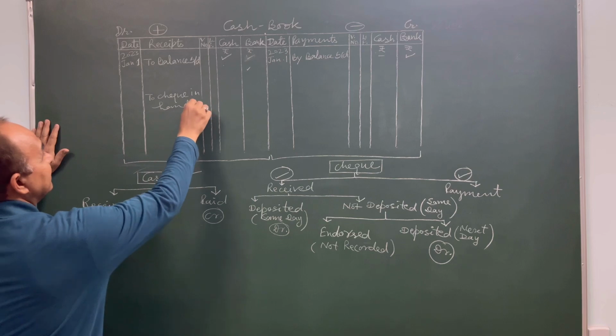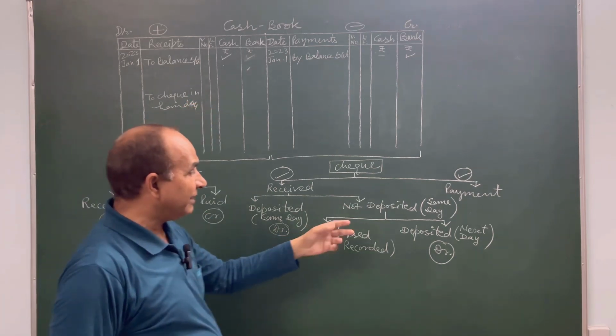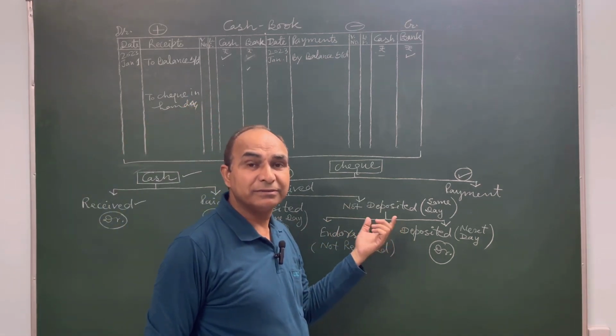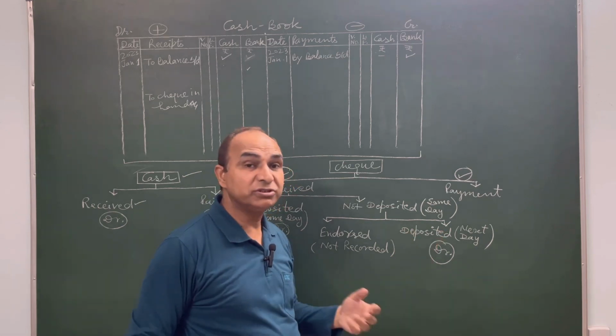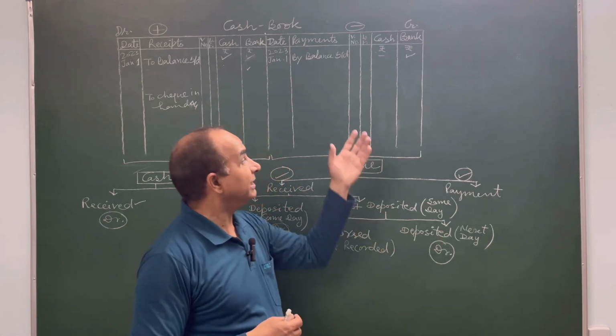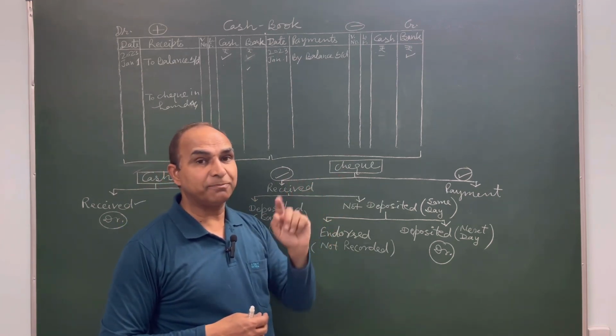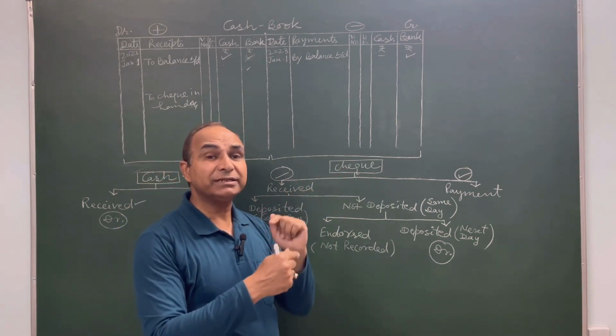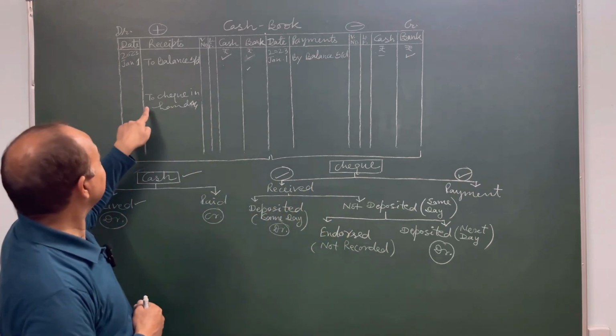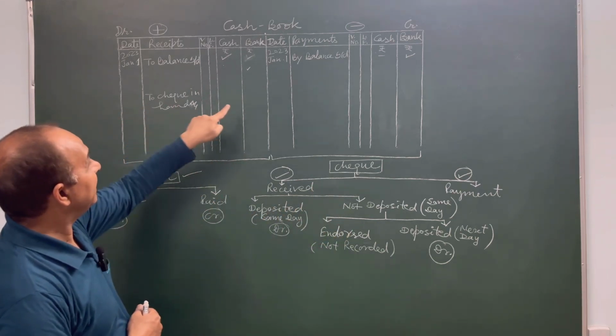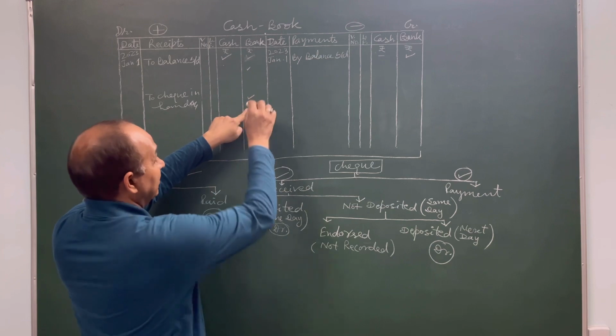Why so? Because on the day when we retained the check in the office and did not deposit it into the bank, the cash book is not affected. That transaction was recorded in the journal proper. Then we deposited that check into the bank, so it will be recorded as "To check in hand" in the bank column.